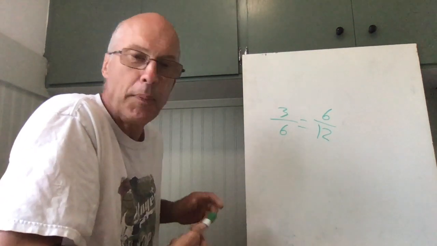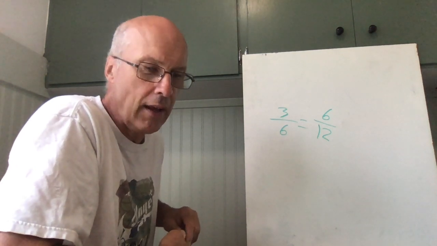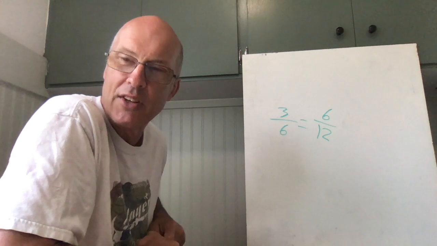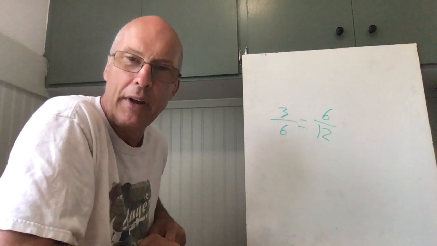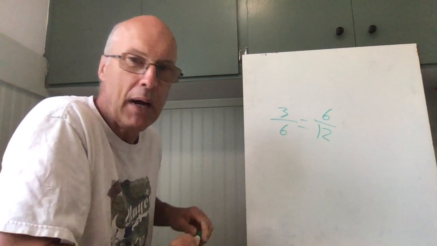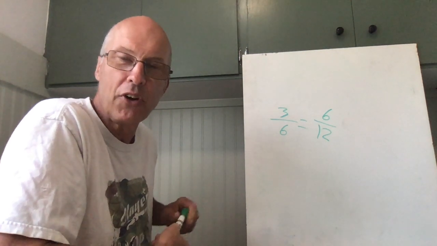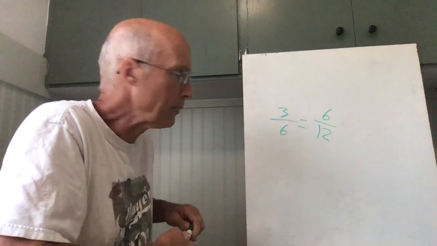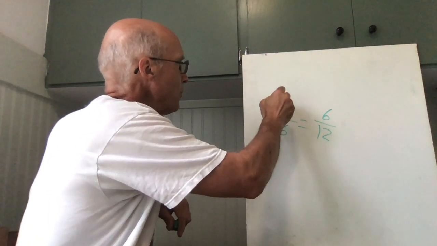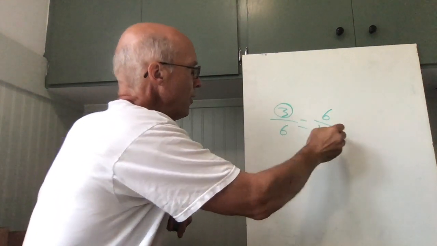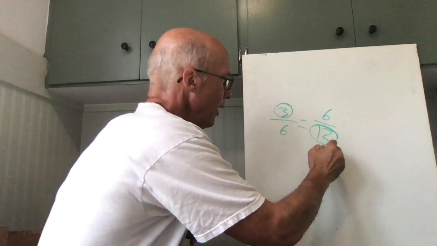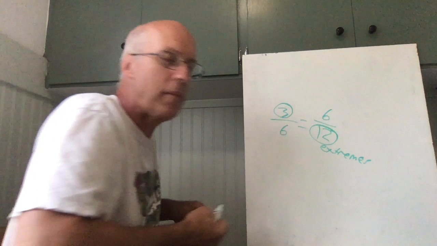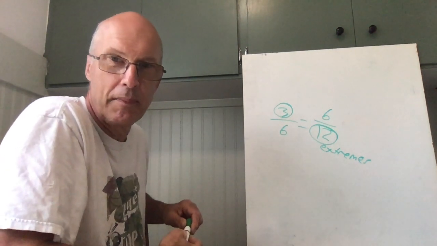And in a proportion, I don't remember teaching my algebra class these names. These are kind of older names. But a proportion has what's called the means and it has the extremes. So the extremes are these two numbers, here and here. I don't know off the top of my head why they call them the extremes.